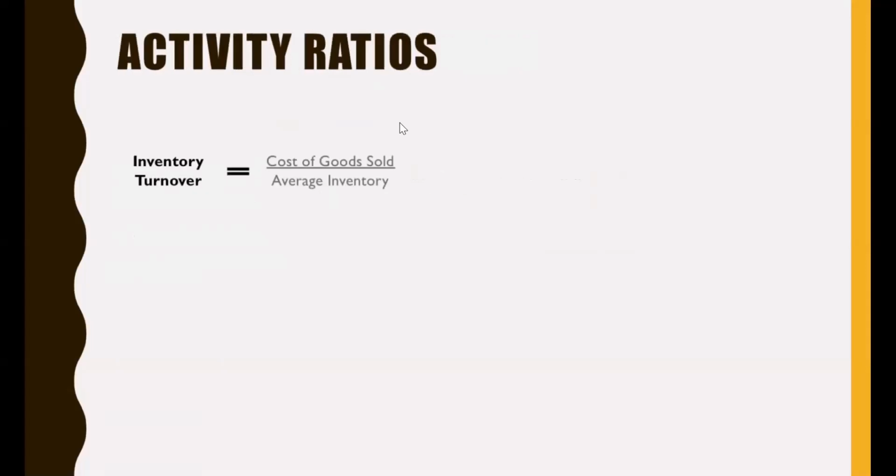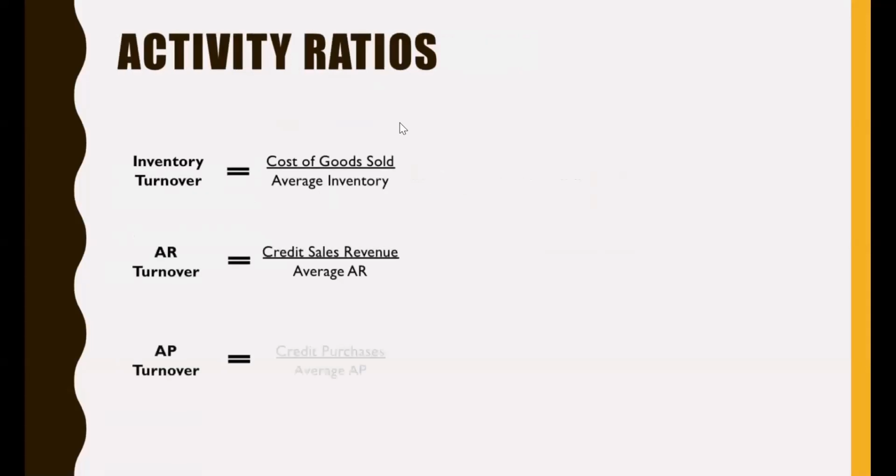Okay, so we have solved for inventory turnover, AR turnover, and accounts payable turnover. Alternatively, instead of the number of times that these items are turned over in a given year, we can solve for the number of days these items are outstanding in a given period.